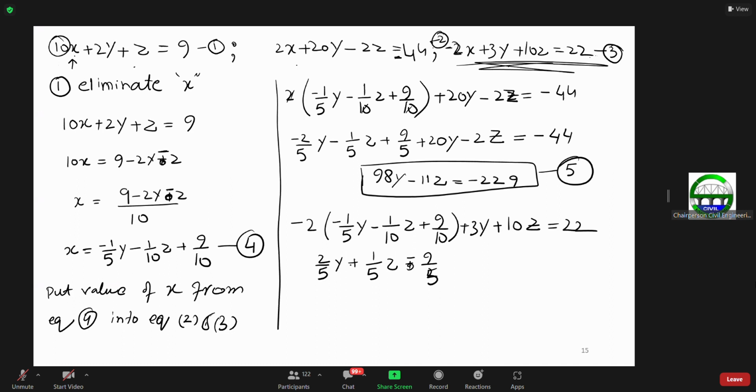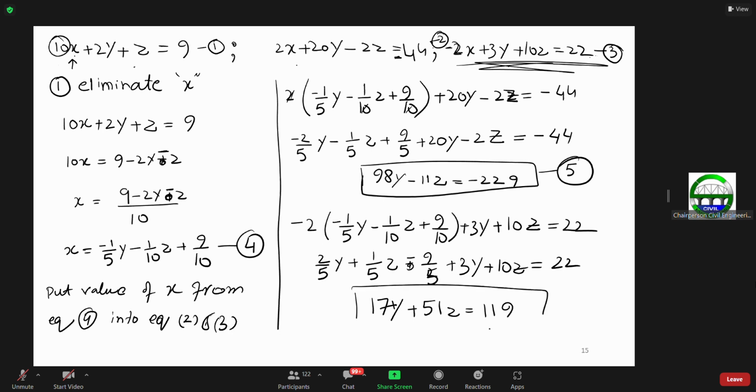This will be minus, this will be plus 3y plus 10z is equal to 22. So once you simplify, you will see that the answer will be 17y plus 51z is equal to 119. So this will be equation number 6.